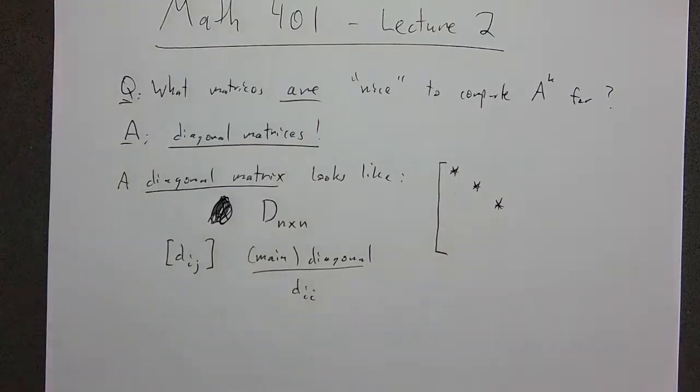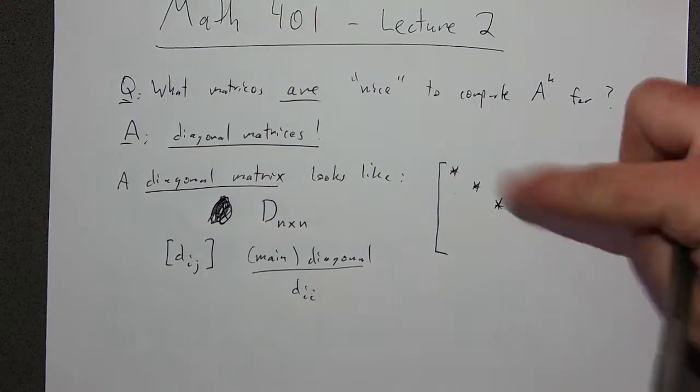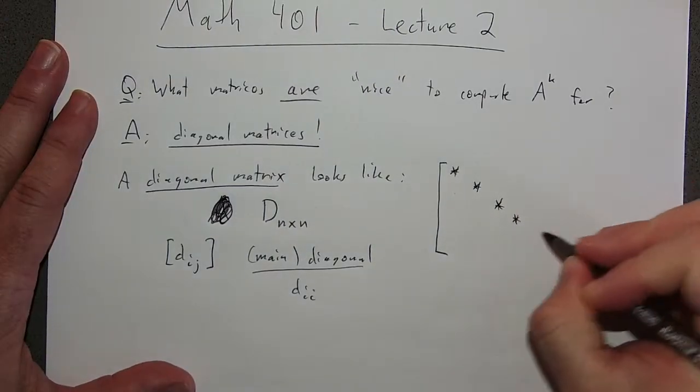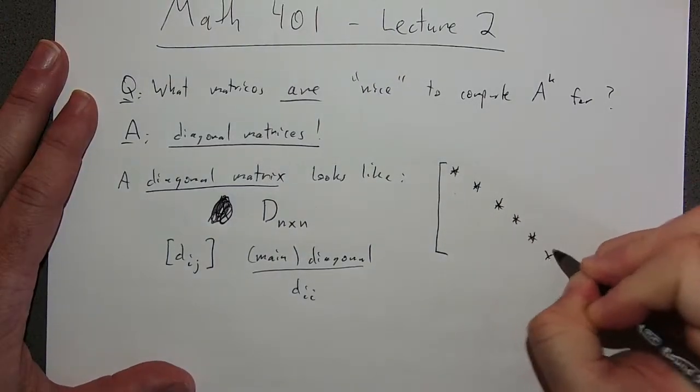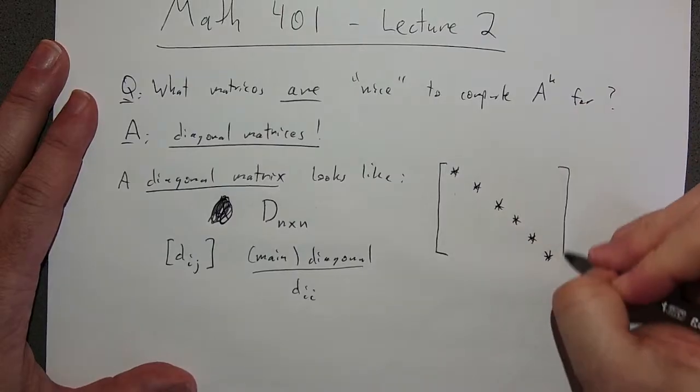So it's the terms in the first row, first column, second row, second column, third row, third column. It's these asterisks, these stars that I'm writing.